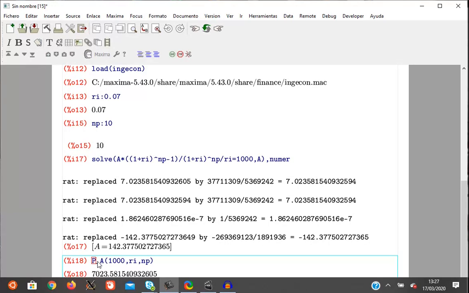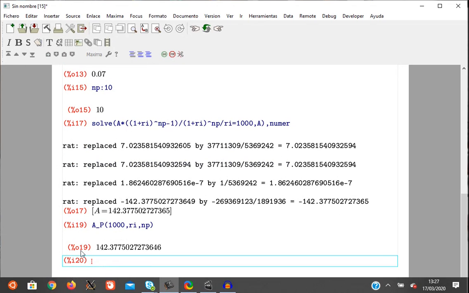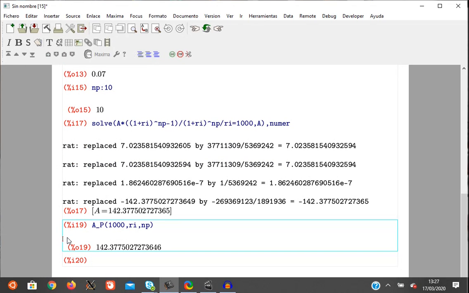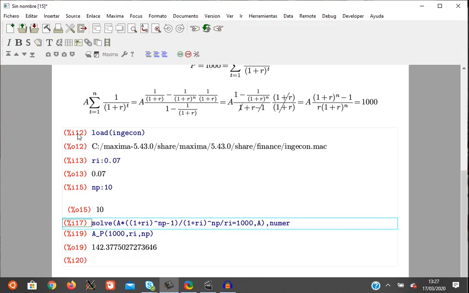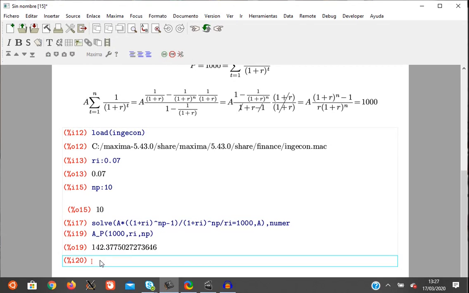Now let's have a look at how this result, this annuity, varies when the rate of interest is moved. For this purpose, we will plot the equation known here, A over P of 1000.